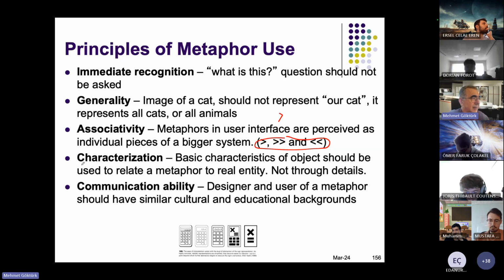And characterization, the information content. This is important. The information content of the object should not be conveyed indirectly, not through details. For example, Mustafa Berk has glasses. If I am going to talk about glasses, I shouldn't put an image of Mustafa Berk, even in iconic form, because I should put glasses, not the person.